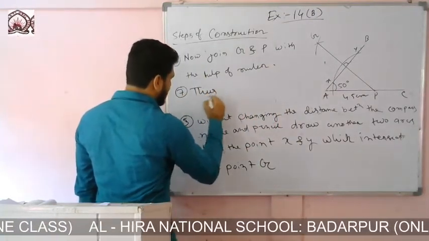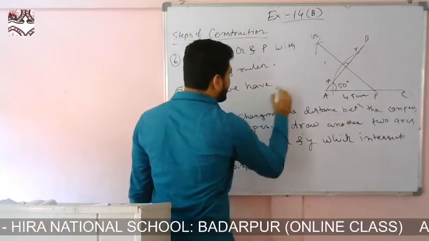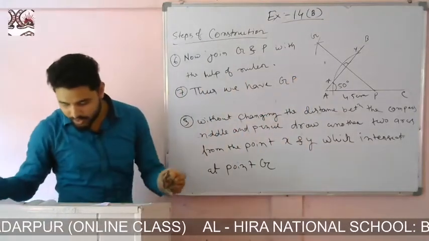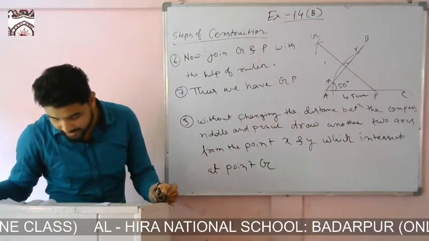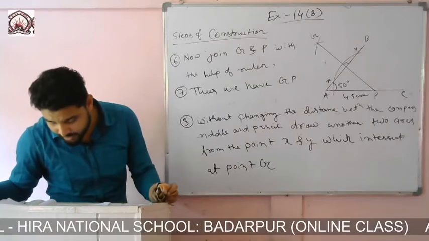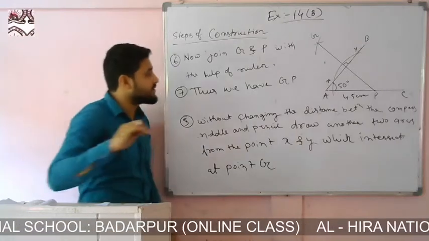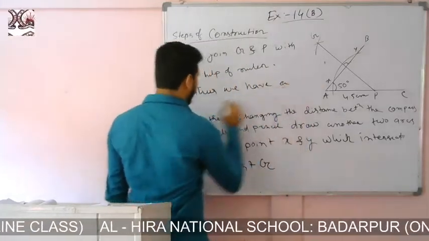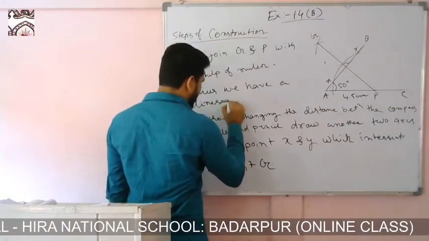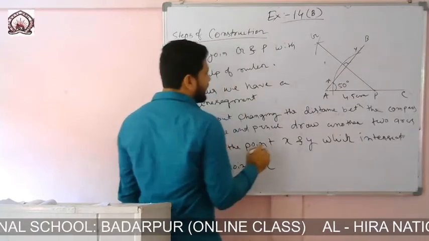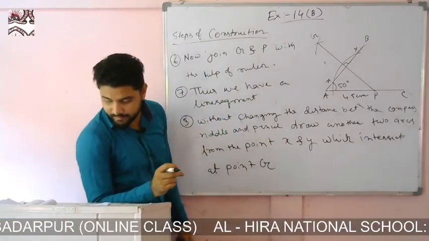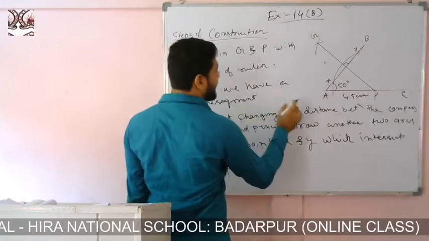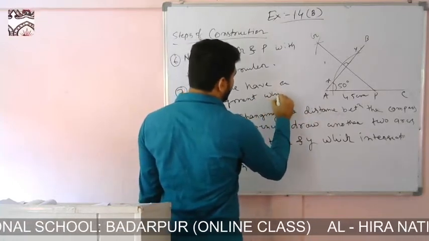Thus we have GP, or write according to the question 4.5: from P draw a line segment perpendicular to AB.